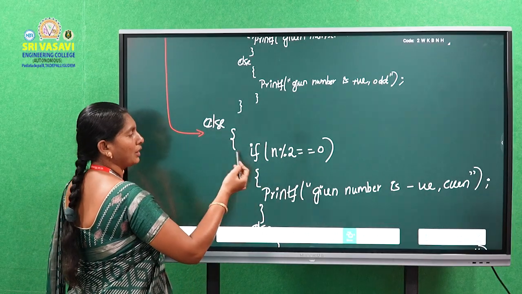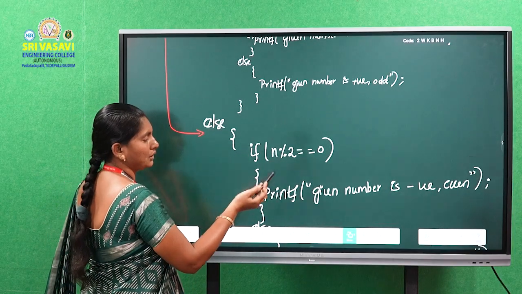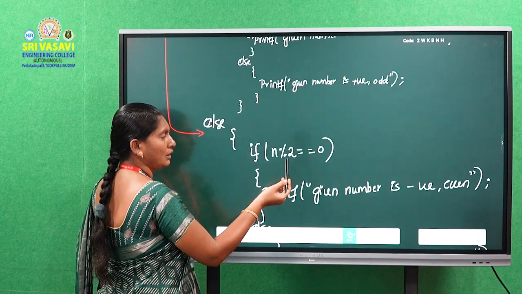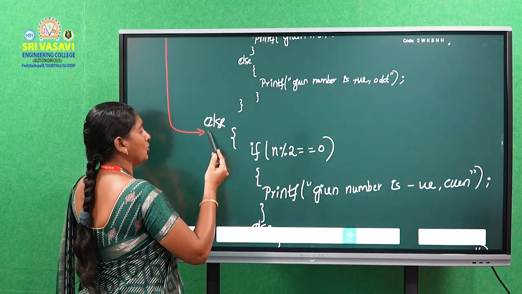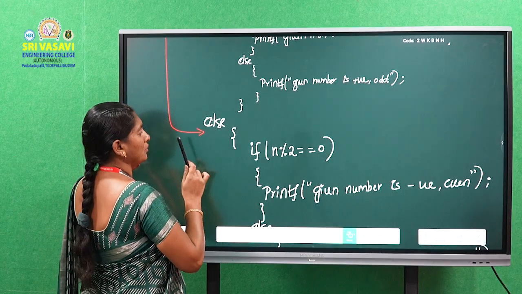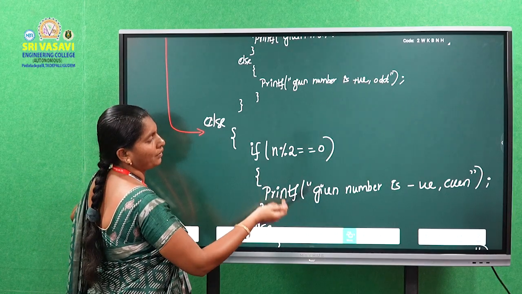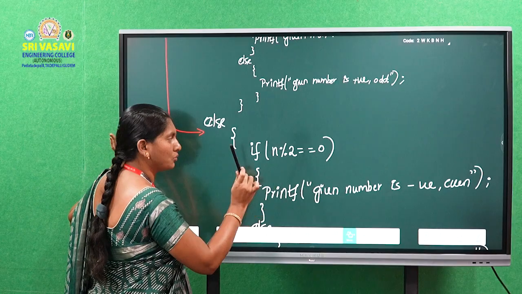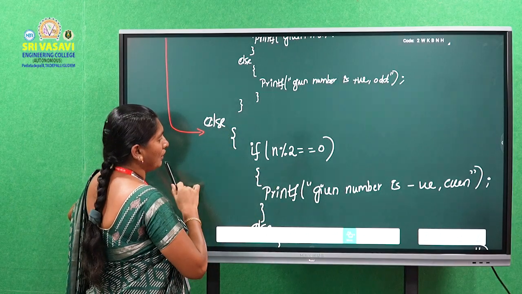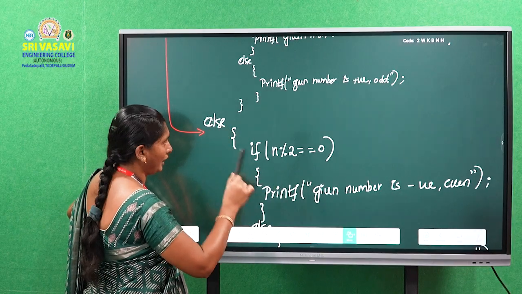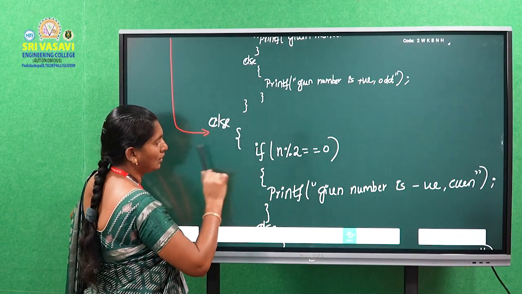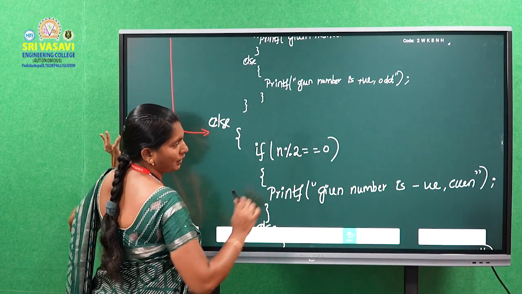Immediately after entering into the else, here we are having one more if statement. So here we are checking the even or odd condition. Here we are entering means the number is negative. So I am checking whether that negative number is even or odd. If this condition is also true, we are entering here for a negative number because we are entering into else, so that negative number is an even number.